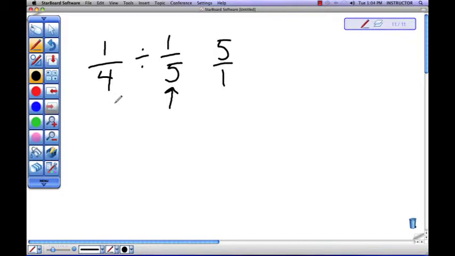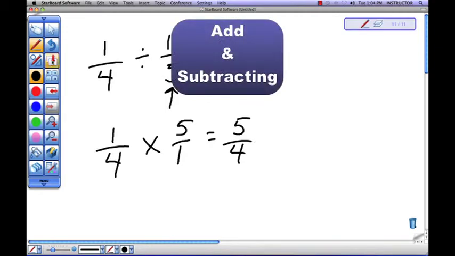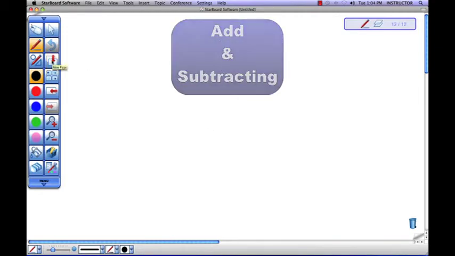So we take our equation there and we take 1/4, we flip the divisor, that turns it into 5/1, and then we multiply across, which gives us 5/4. Now, in adding and subtracting, we have another step that we must do.